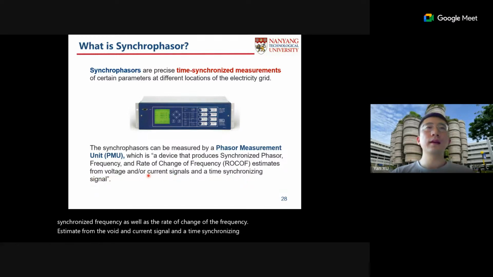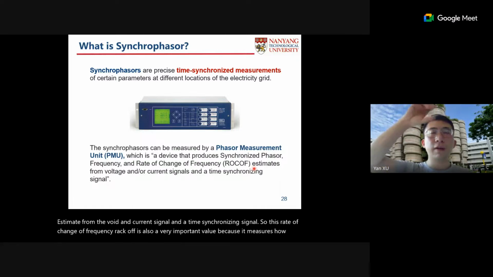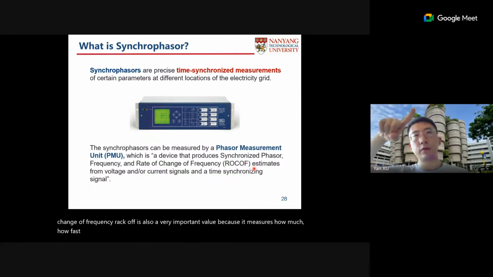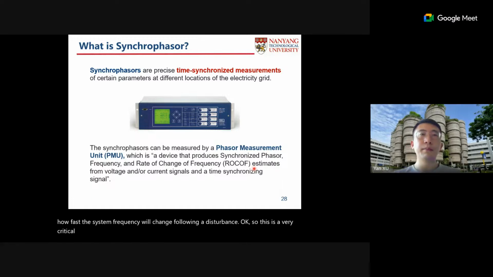This rate of change of frequency, ROCOF, is also a very important value because it measures how fast the system frequency will change following a disturbance. So this is very critical for frequency stability assessment.